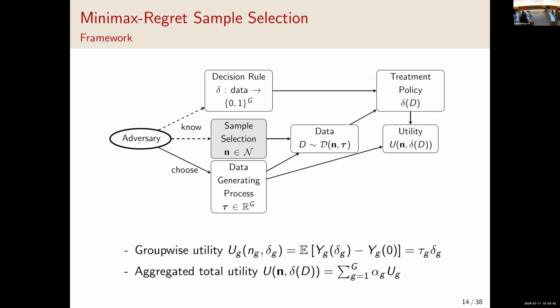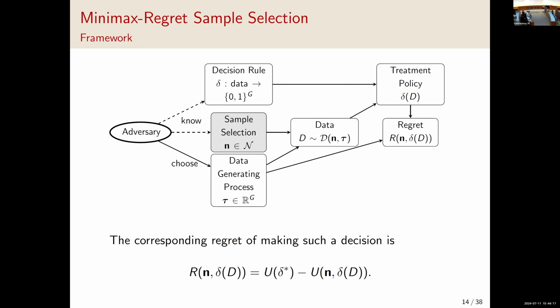In that work, for demonstration purposes, we consider a commonly used group-wise utility function, which is defined as the difference in outcomes when we assign treatment according to the decision learned from the experiment and when we implement the baseline policy that just puts everyone into control. And we start by considering the current social welfare and calculate the aggregated total utility as a weighted average of the group-wise utilities.